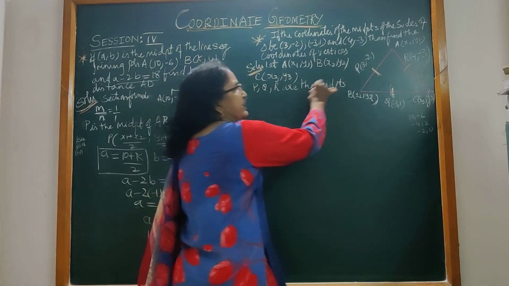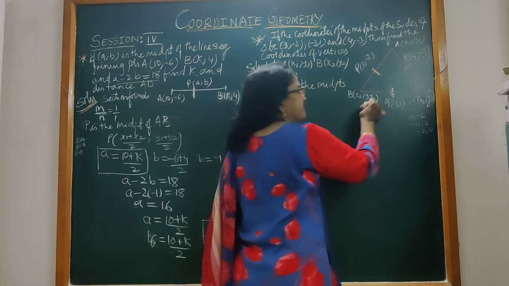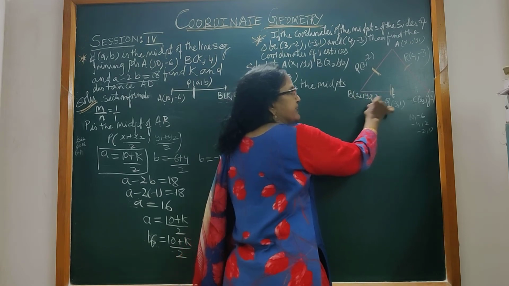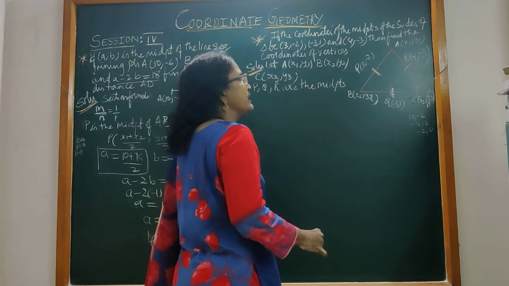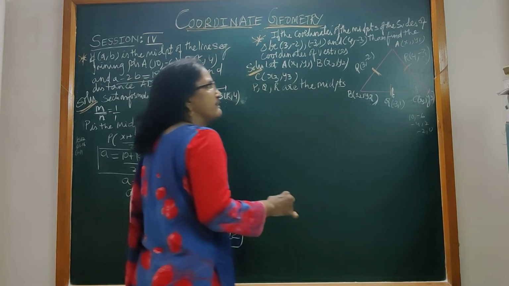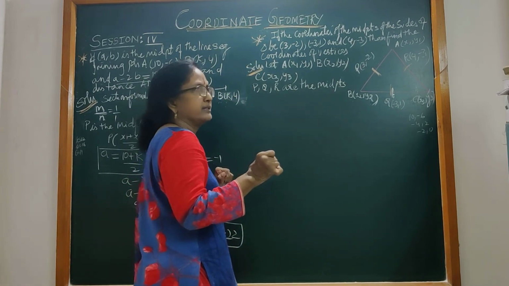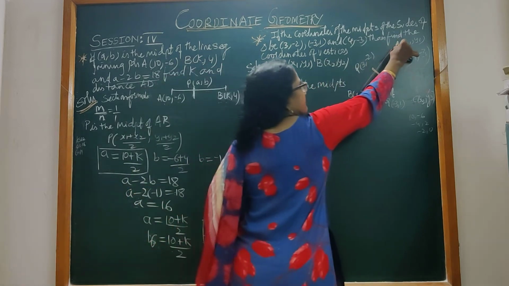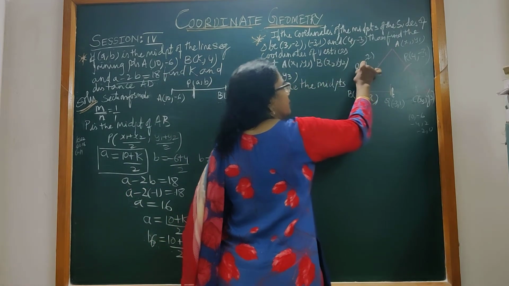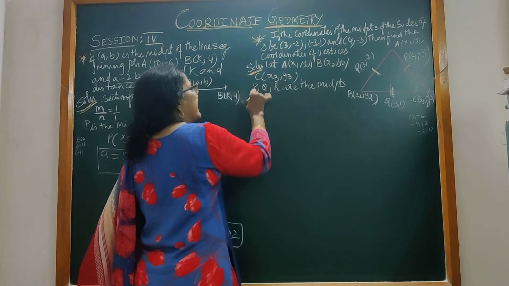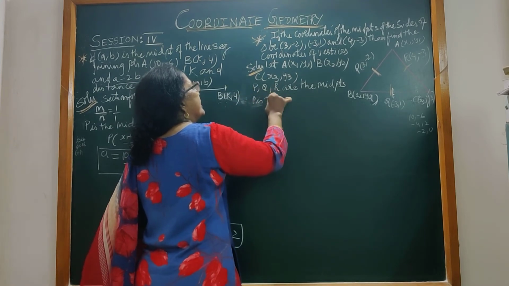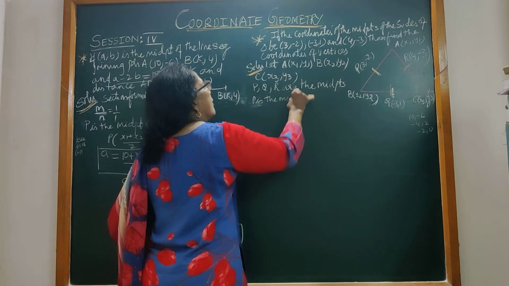So let the coordinates of A be (x1, y1), B be (x2, y2) and C be (x3, y3). Now P, Q, R are the midpoints, so we will apply the midpoint formula. P is the midpoint of AB.